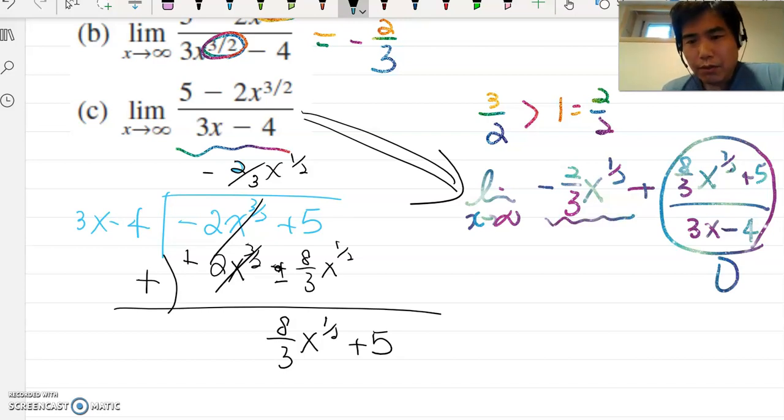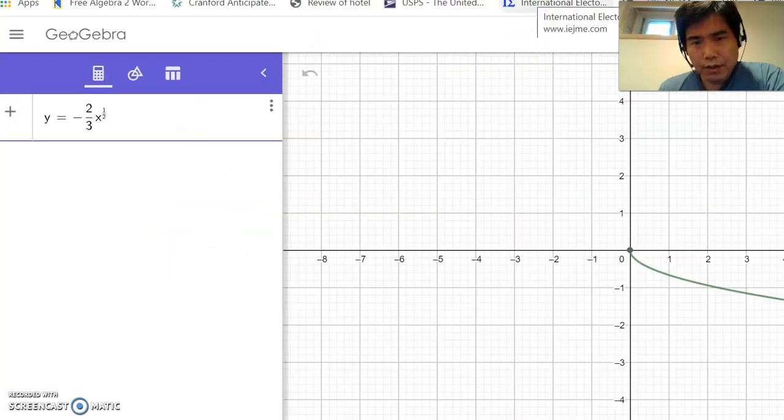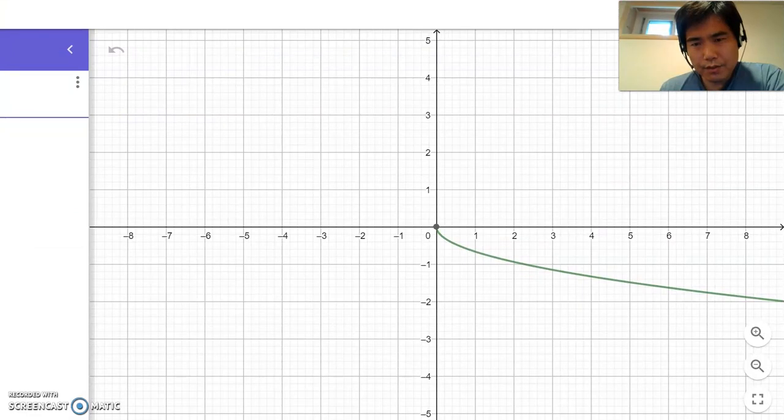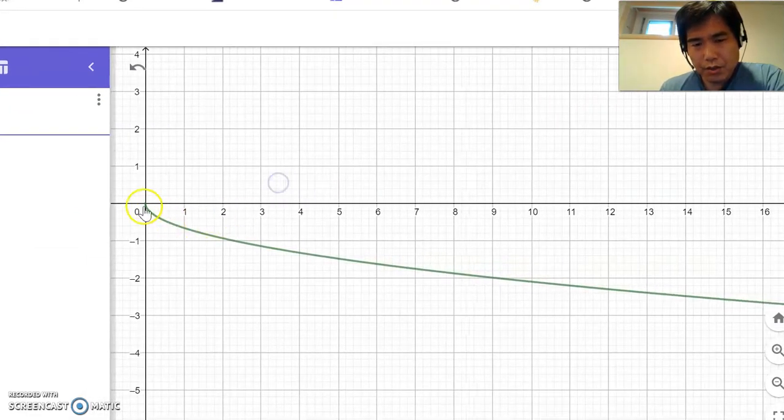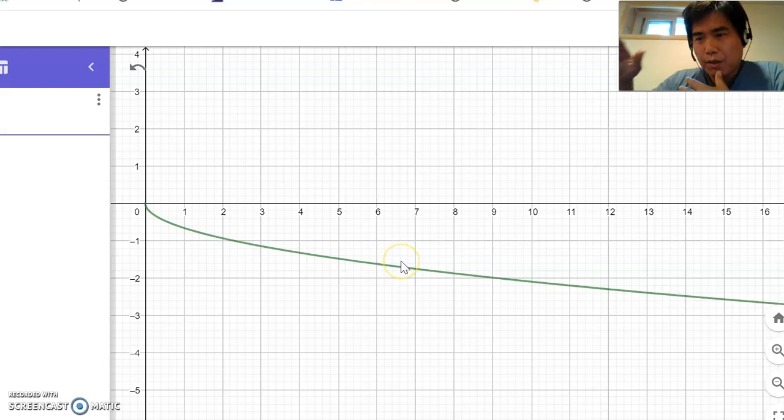Okay, so when you look at this graph, the graph looks like this. Then as you see, it is going to negative infinity, because even though it is bluntly decreasing, whenever it goes to the infinite side, the value decreases and decreases.